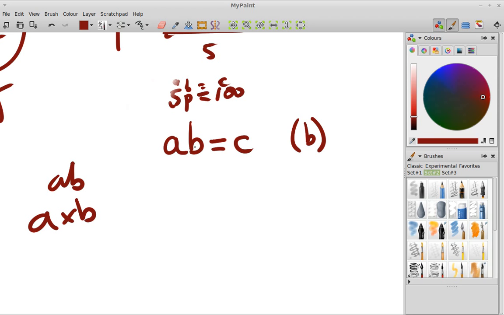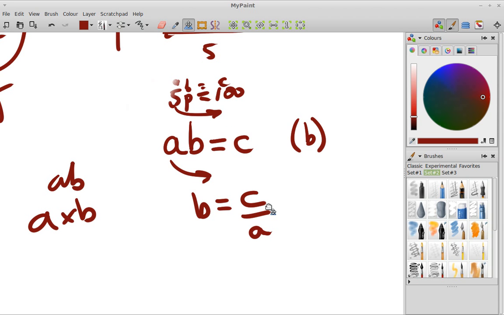So to get B on its own, in the same way that we took times 5 across, if we take times A across, we'll be left with B equals C, and then the times A becomes divided by A. And that's it. That can't be solved anymore. The above answer, you can't work it out and get an answer of 20. You can't work this out numerically, you've just got to leave it as a load of jumbled up letters.